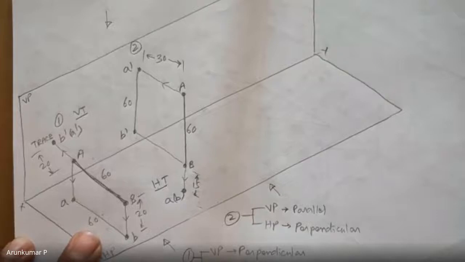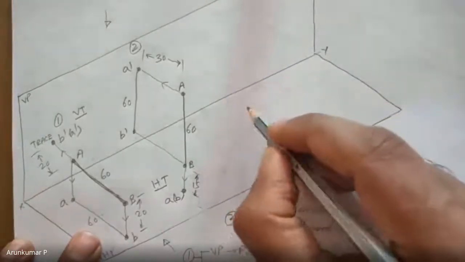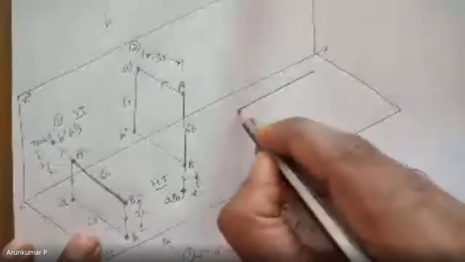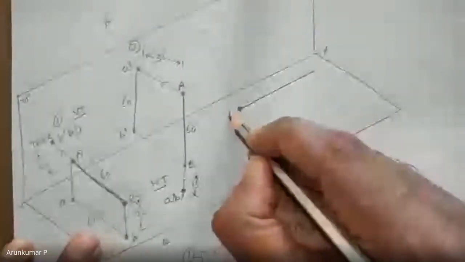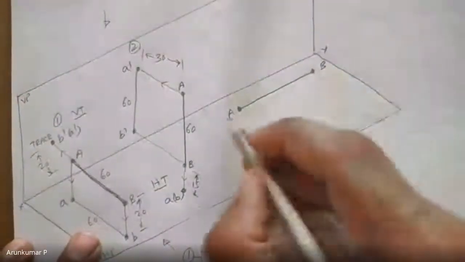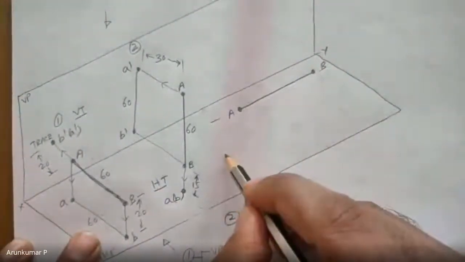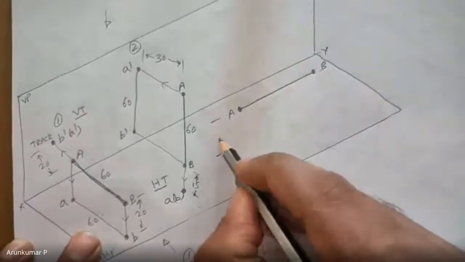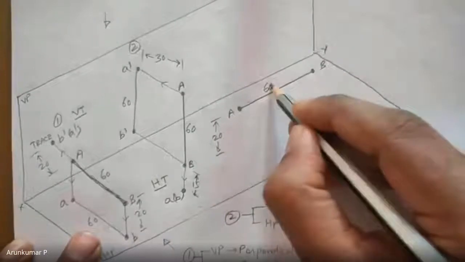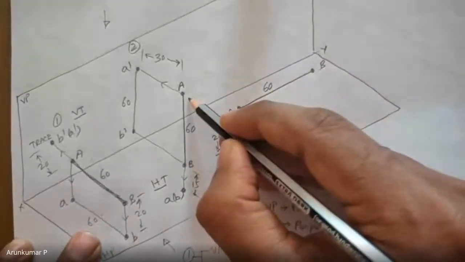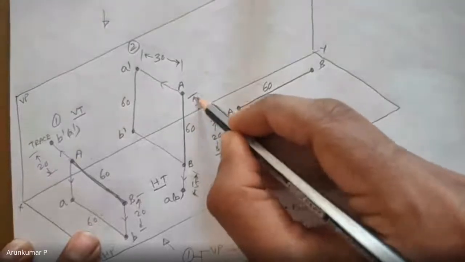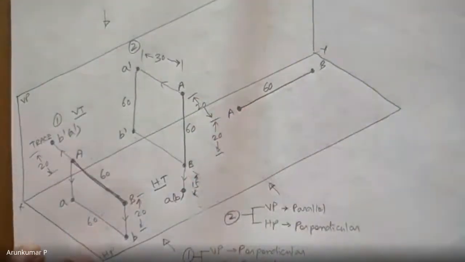Third case is this. A, B, AB is 20 mm above HP, and you can say 20 mm in front of VP.